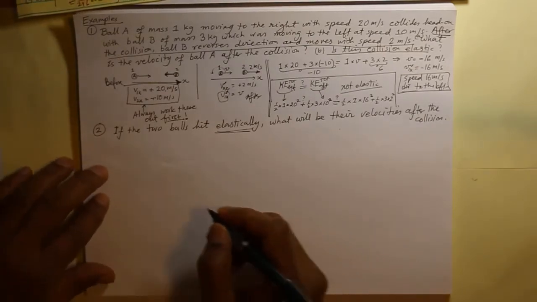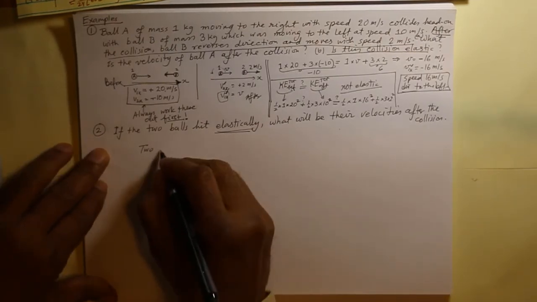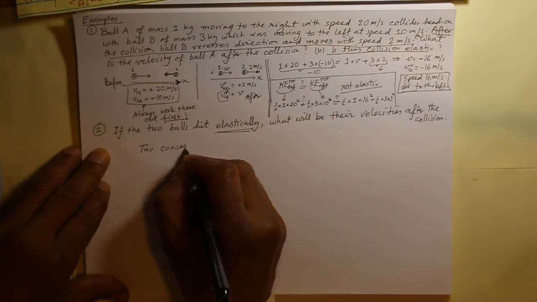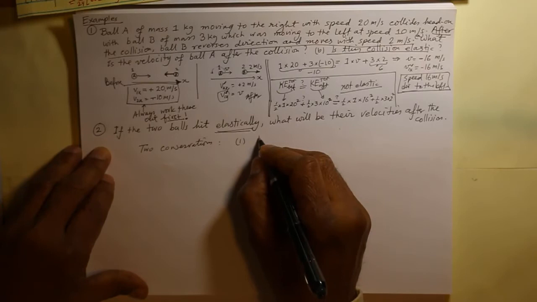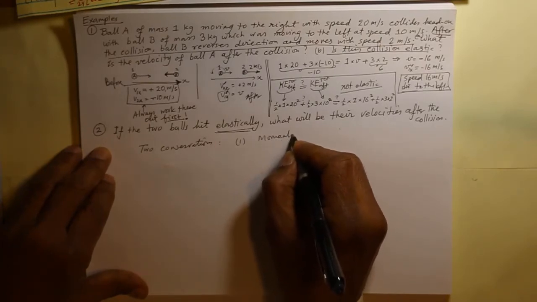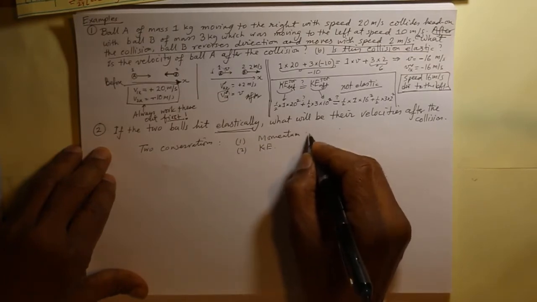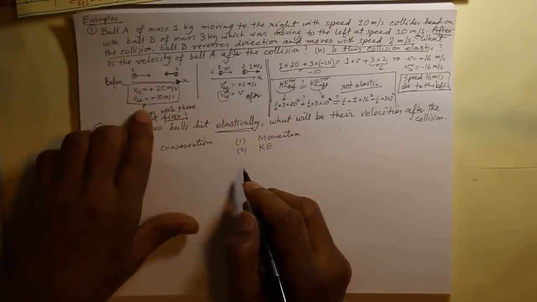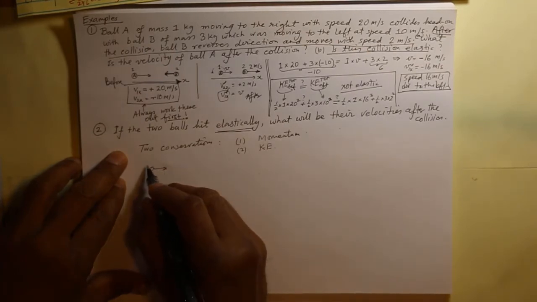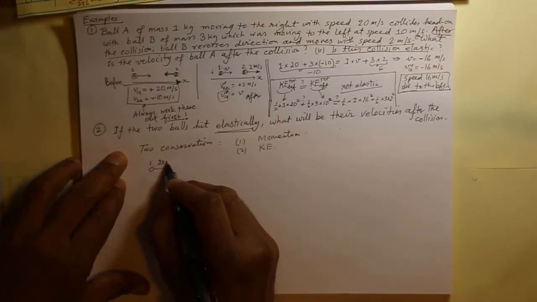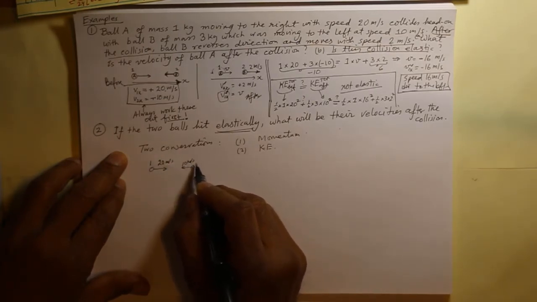Okay. So here we're going to have two conservations: one is momentum and another one is kinetic energy. So there are two conservation equations. The setup is very similar. This is ball 1 with 20 meters per second and ball 2 with 10 meters per second.